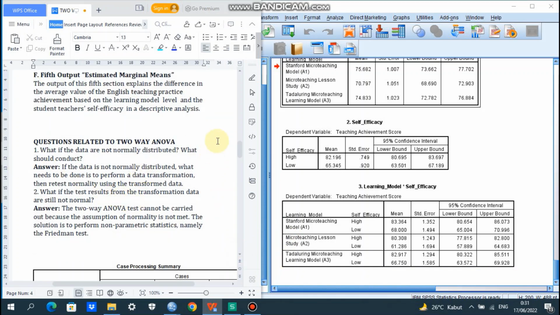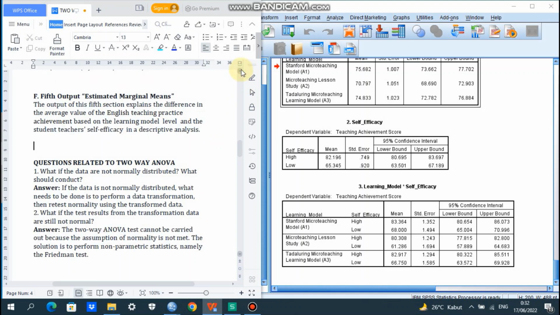And then the questions here, ya. What if the data are not normally distributed? What should we conduct? Okay, the solution here, ya. If the question is related to two-way ANOVA, ya, if the data is not normally distributed, you can perform data transformations, ya.